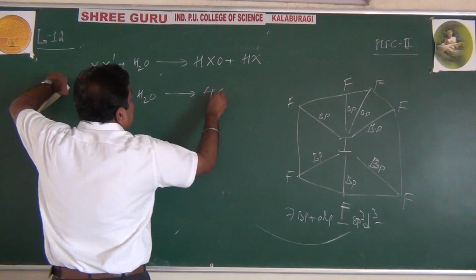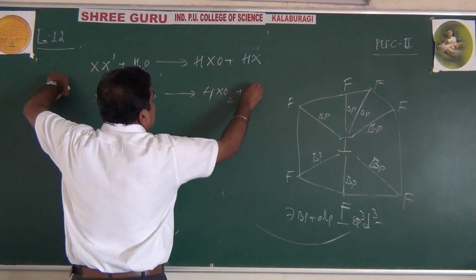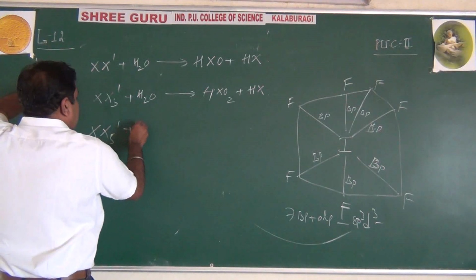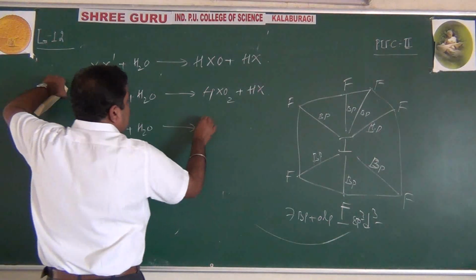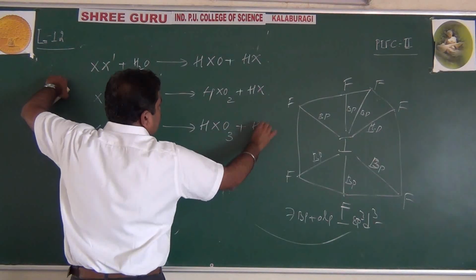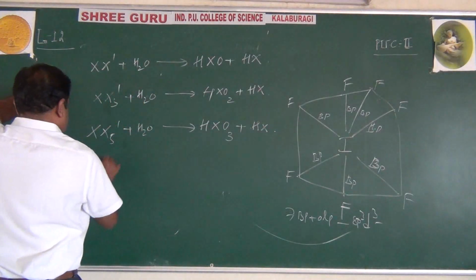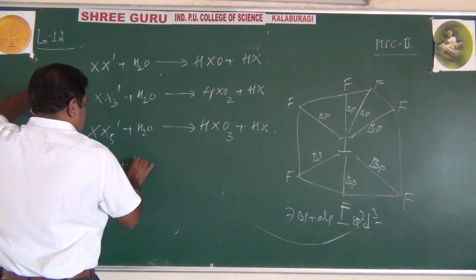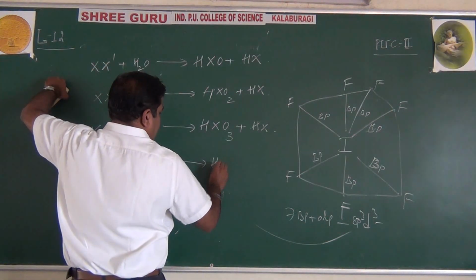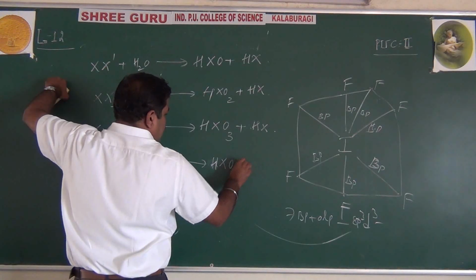Then HXO2 plus HX. XX5 dash undergoes hydrolysis, HXO3 plus HX. And XX7 dash also undergoes hydrolysis with water, will form HXO4 plus HX.